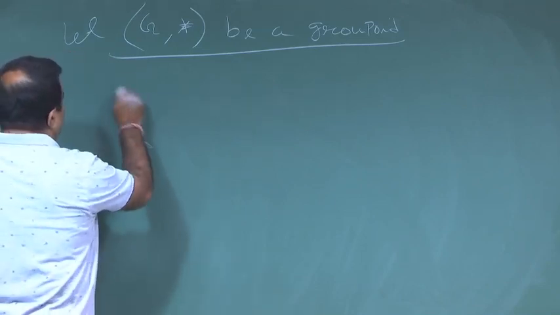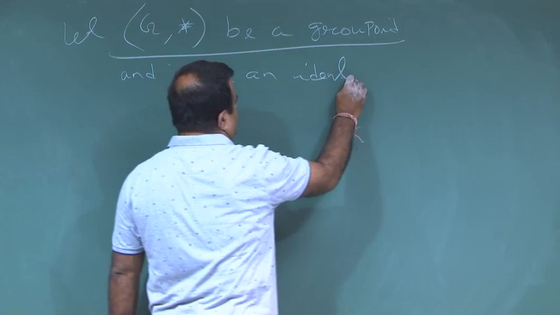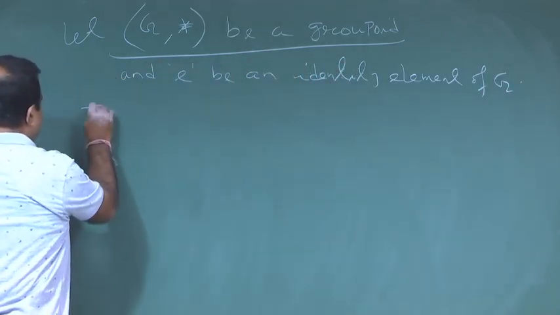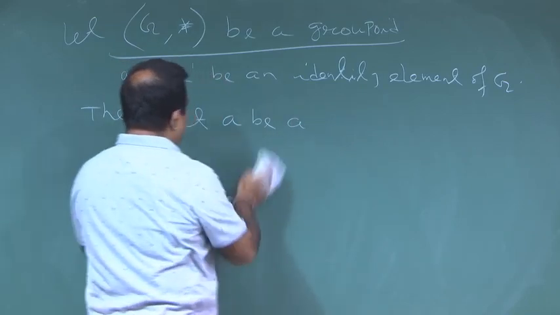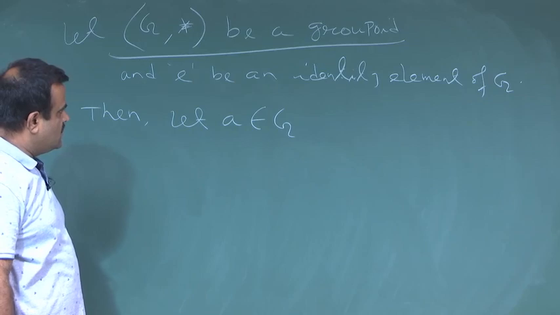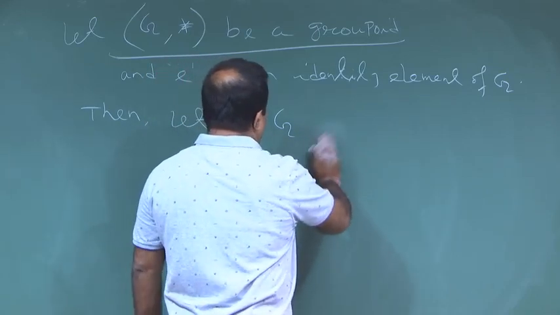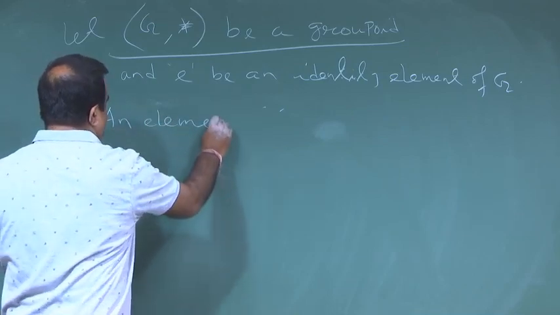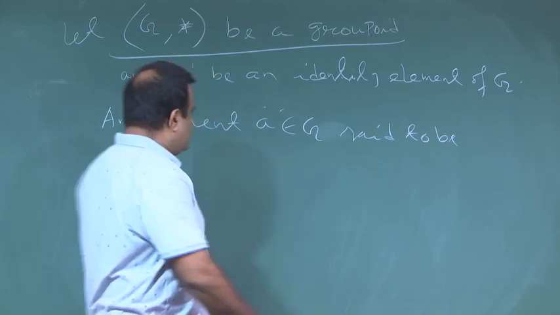So, this groupoid G, and E is an identity element of G. So, identity element exists, then let A be an element in G. An element A belonging to G is said to be invertible.